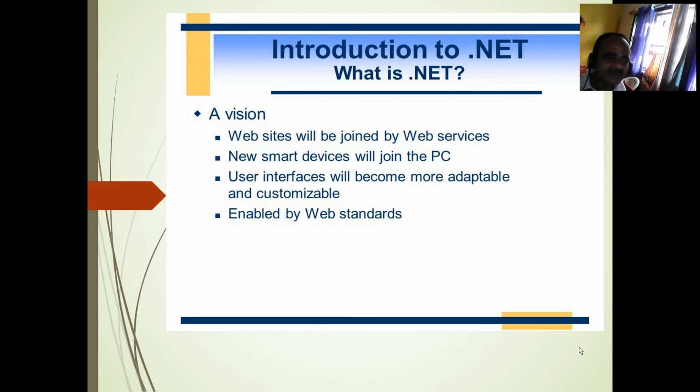Our website should be good for attraction, good for the interface, good for giving different services to our customer. And one of the most important features of this .NET technology is that it enables web standards.